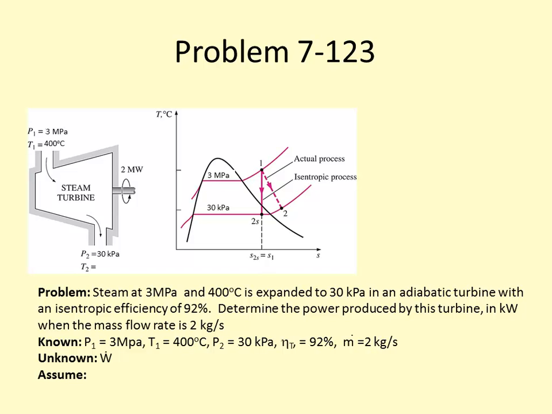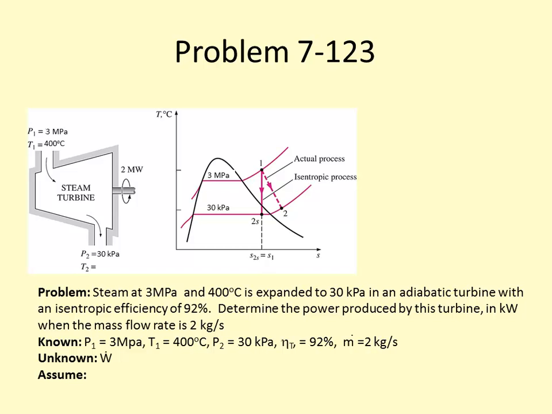So let's just look at how we analyze this system. Okay, let's start out with an energy balance. Q dot in minus Q dot out plus W dot in minus W dot out is equal to m dot times (h2 minus h1).